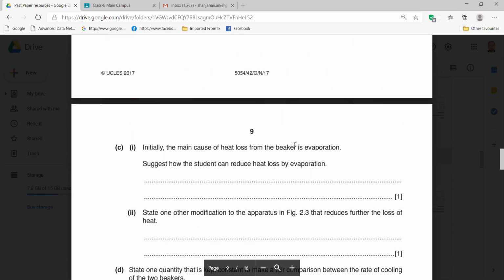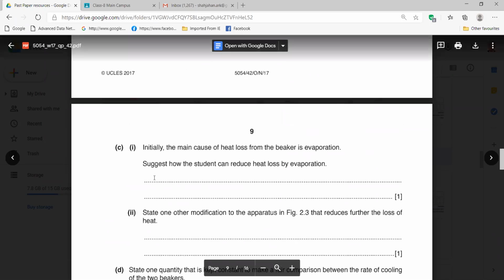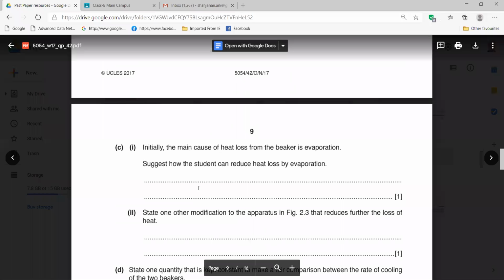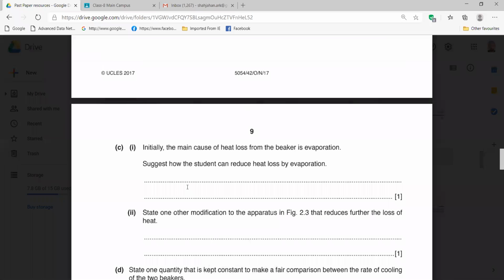So the first part asks how the student can reduce heat loss by evaporation. You will write: by putting one lid above the surface of the beaker, with a hole for the thermometer to pass through.